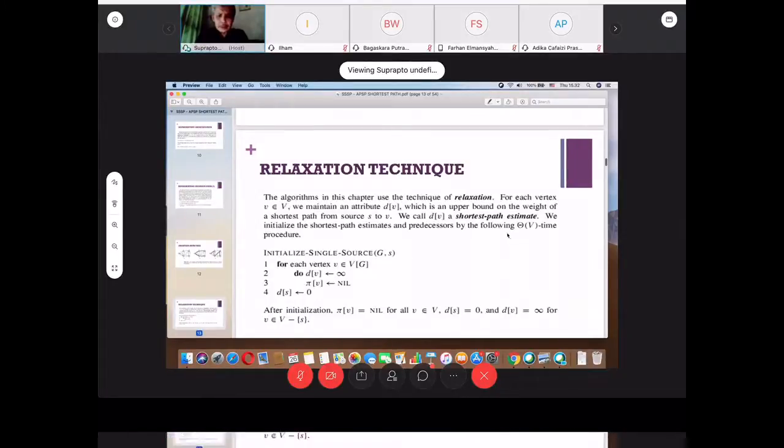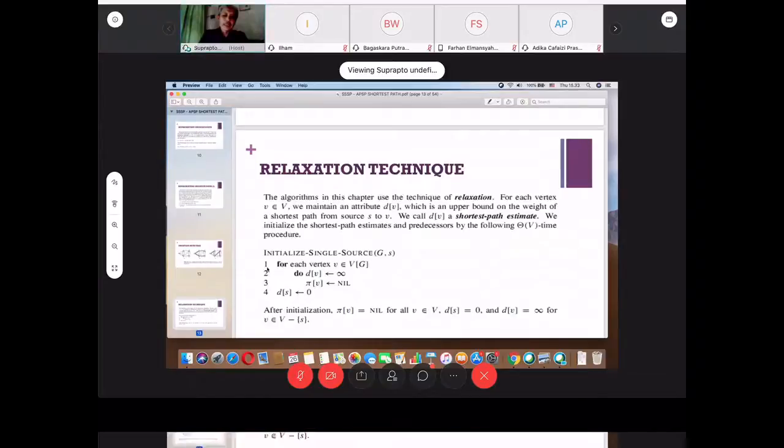The time taken for this computation is theta of V time, because it's for every vertex v in the graph G. So we have the procedure called Initialize-Single-Source with two arguments: one is the graph G, and the second is the source s.